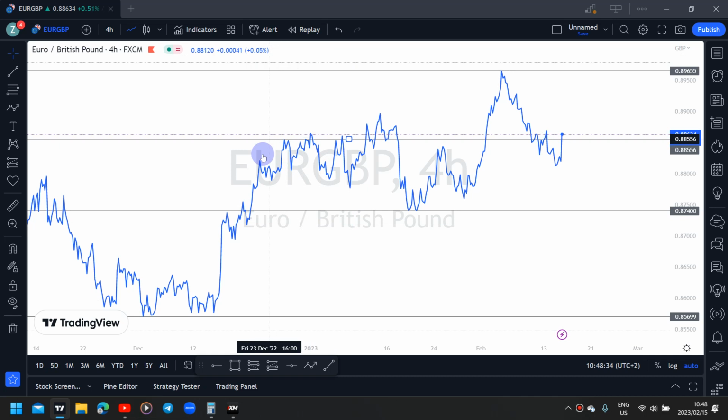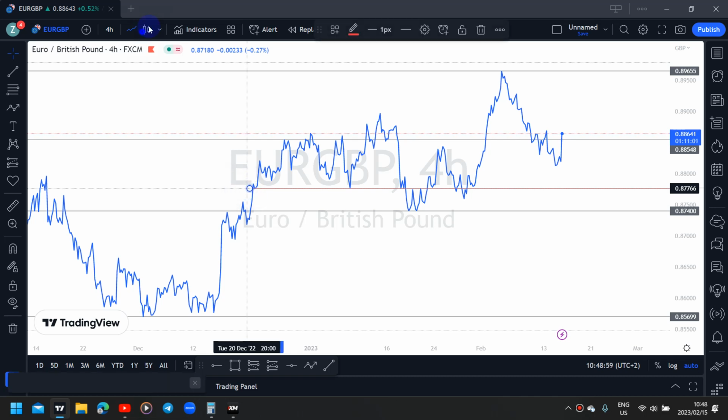My last key level probably being possibly here, possibly there. I also want to cater for this key level here that I'm seeing, which is an extra key level.